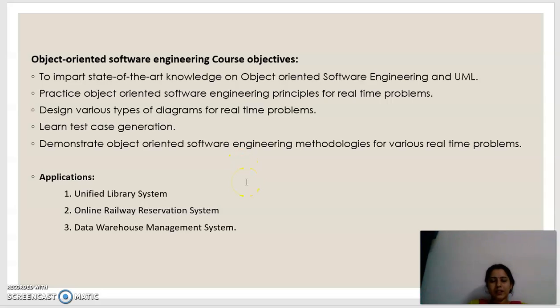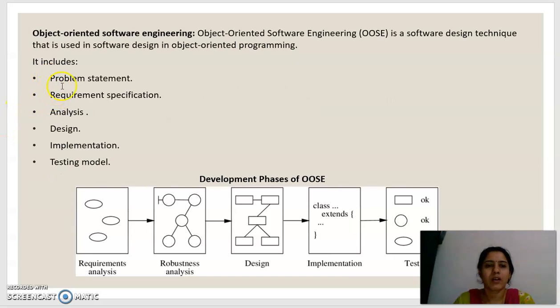In our lab, the object oriented software engineering lab, we learn how to write a problem statement, how to gather the requirements, how to analyze, how to design, how to implement and how to test. In this lab we have to know all these things.